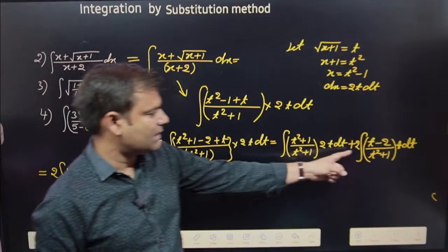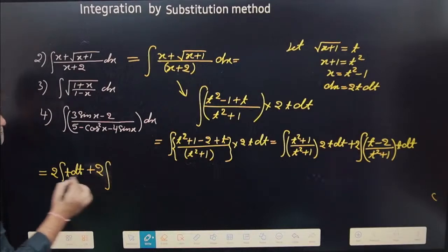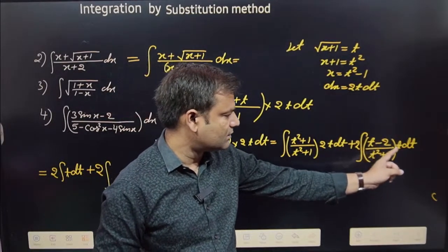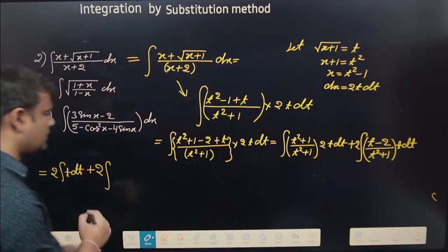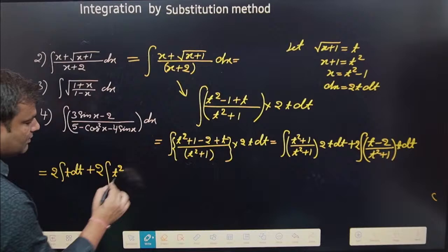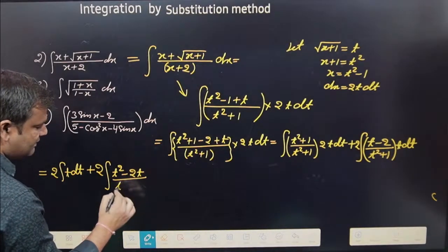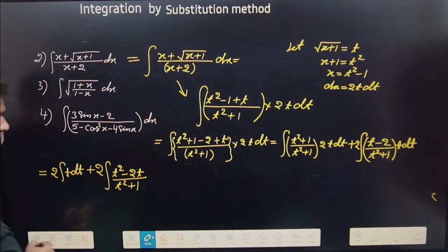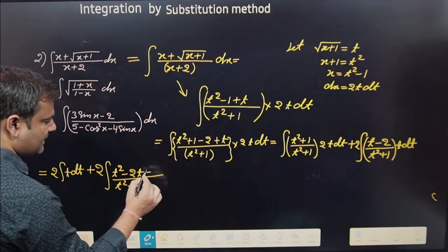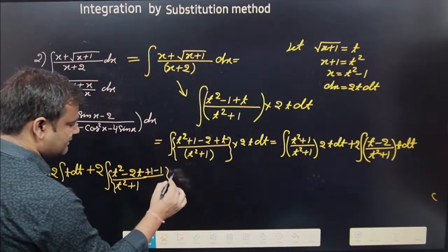and plus 2 times integration of, here look, t square minus 2t, and here t square plus 1, again one adding and one subtracting, and that is dt.